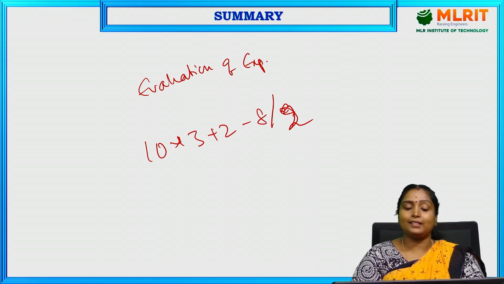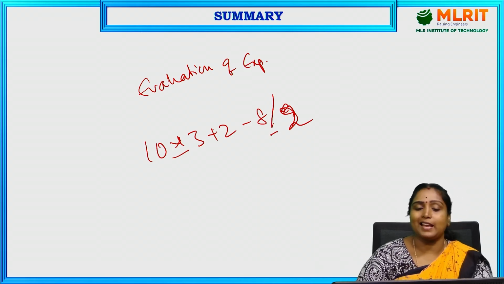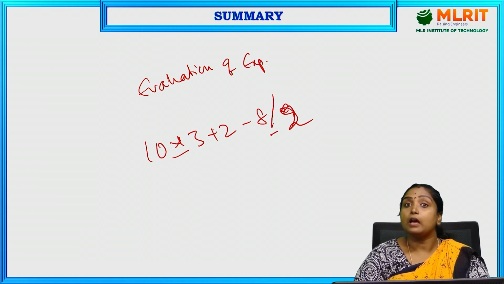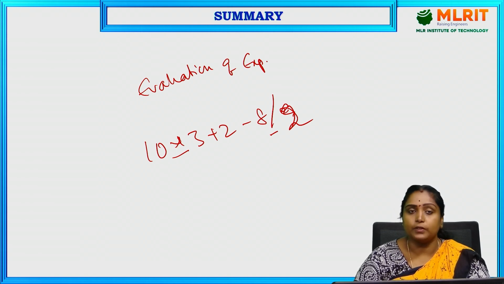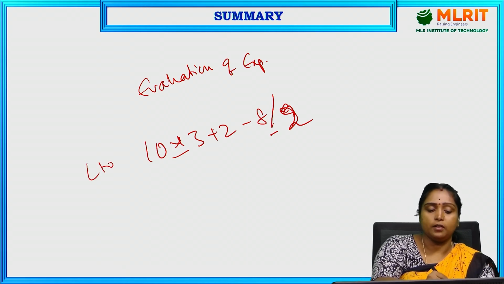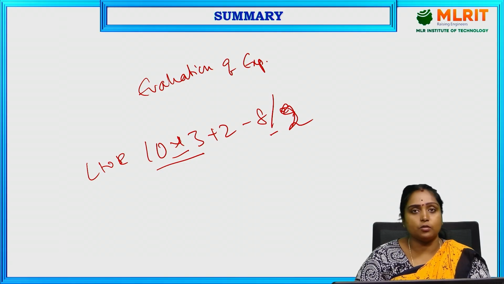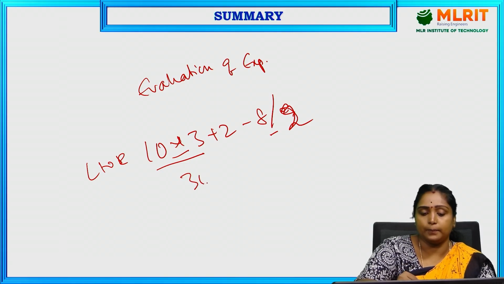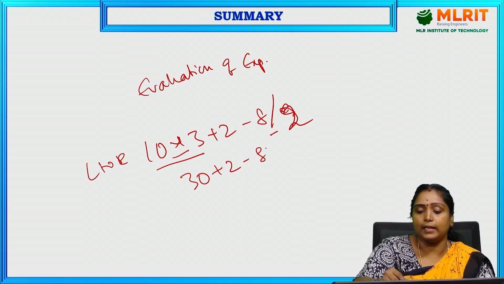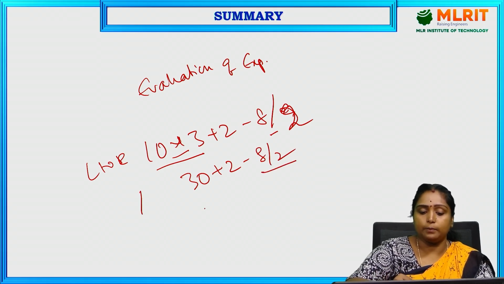Which operator has the highest priority by operator precedence? Star and slash have the highest priority. But which one has to be evaluated first? As those two are of the same priority, we have to use associativity from left to right. So first on the left you have the star operator, so we use multiplication: 10 into 3, 30. 30 plus 2 minus 8 by 2. Next you have to use the slash operator. So 8 divided by 2 is 4, giving 30 plus 2 minus 4.